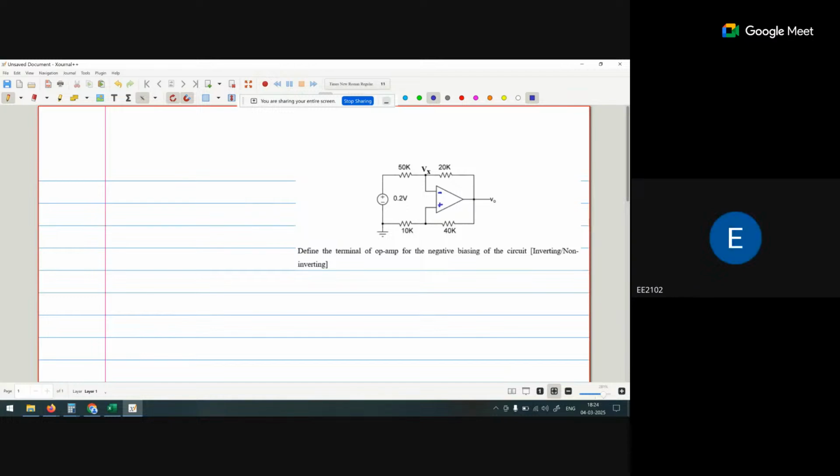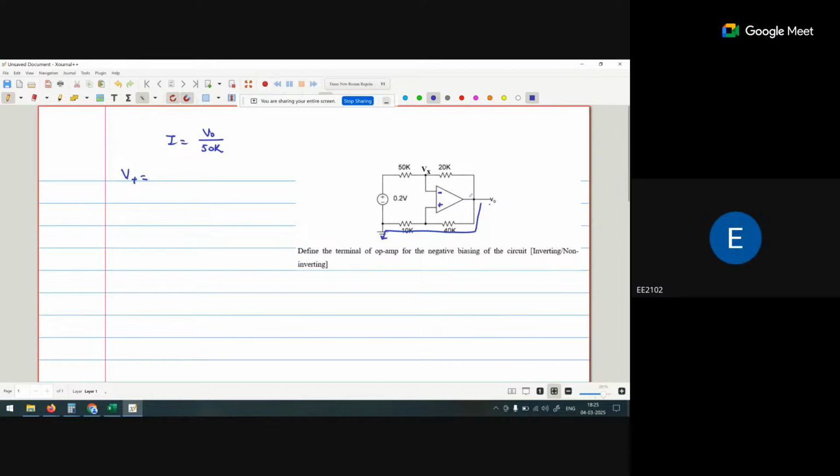Now if I calculate the V positive value, what is V positive in terms of V naught? V naught will be distributed, and the current flows in this branch. The current I is V naught upon 50k.